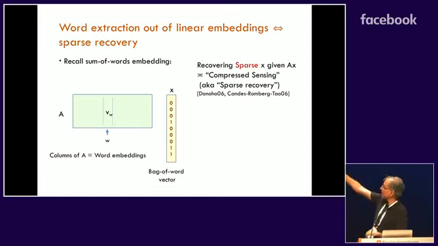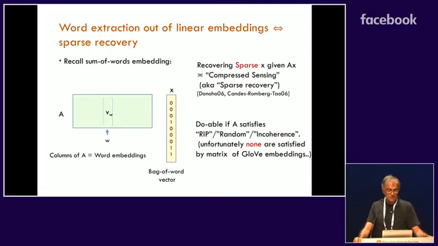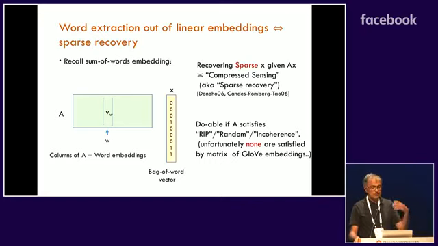It's sparse because it has 100,000 coordinates, and it's a vector for a short paragraph, say 100 words. So x is sparse, you're given A times x, and you're trying to recover x. Compressed sensing is doable according to this theory if A satisfies RIP, incoherence, various properties, basically saying, intuitively, that A is a random matrix.